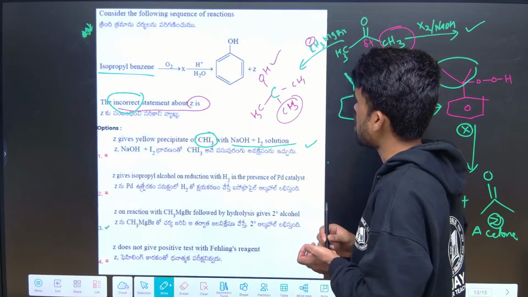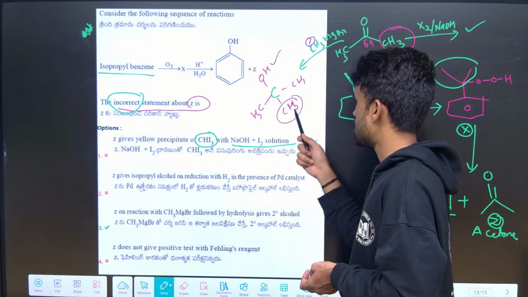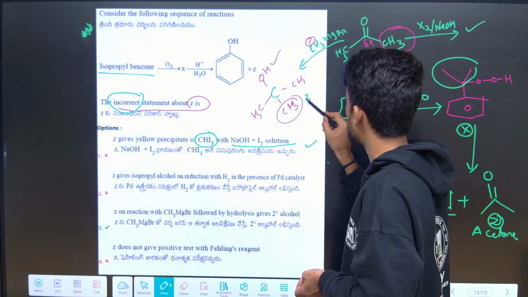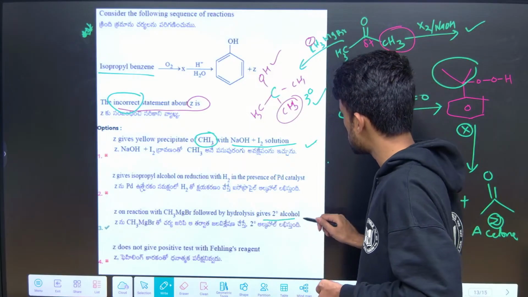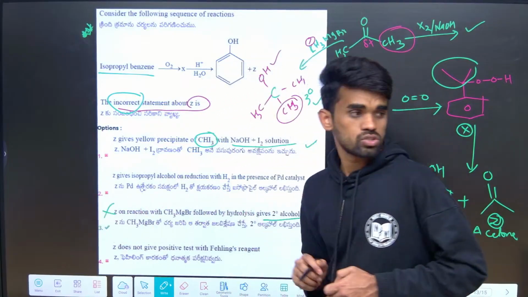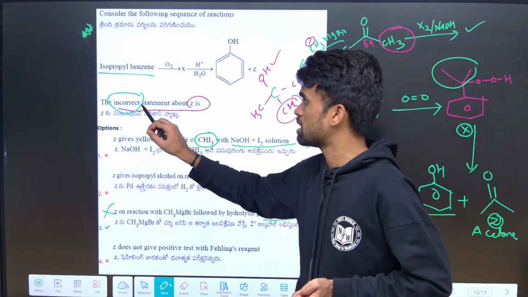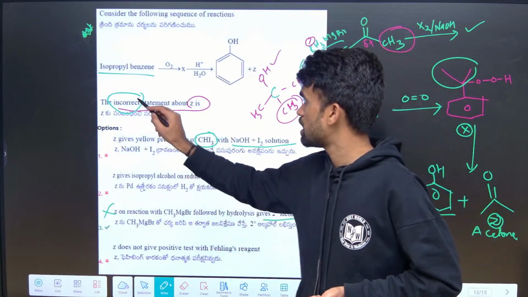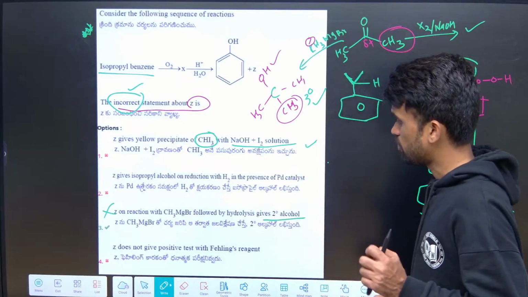So which type of alcohol is it? See, the OH group is attached to the carbon which is directly attached with 3 other carbons. So we can say it is tertiary alcohol, not the secondary, but they are saying it gives secondary alcohol. So this statement is incorrect. So the option 3 statement is incorrect. That is what you need to choose as your answer in this particular question. They are asking about the incorrect statement only. So your option 3 is the perfect answer for this.